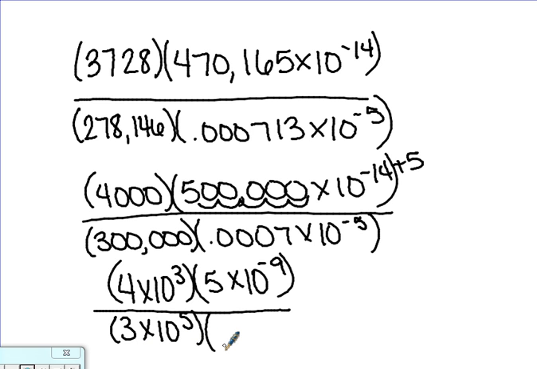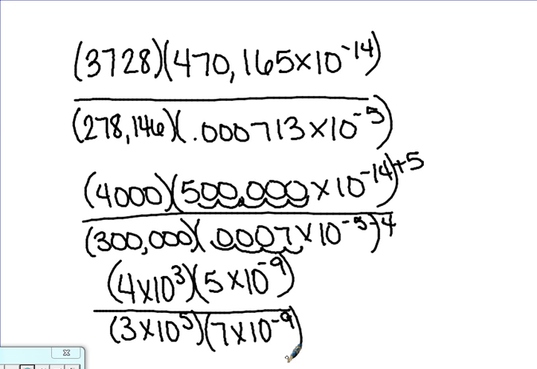And 0.0007 becomes 7 times 10 to the negative 9th, because we are going to subtract 1, 2, 3, 4 places, because we're moving our decimal to the right.